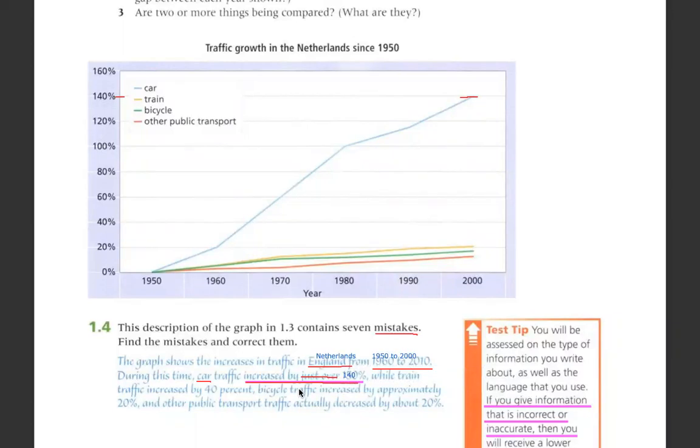All right, so there's still some more mistakes. Okay, so I'd like you to find the next mistake and write the correction in the chat box. Don't need to write what's incorrect, just write the correction. What's the next mistake? If you're not sure, we're having a look at trains now.